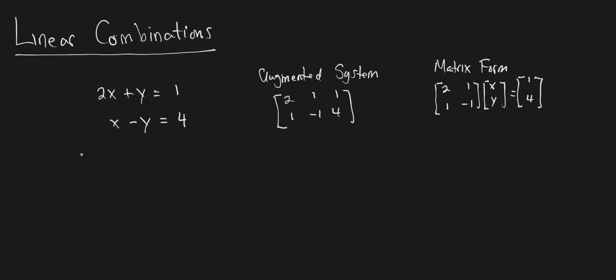So this system could be written like this, if I make sure that all my columns have the same dimension. I could put 2x and x there and call that a column. Then I put a plus sign there and add the other column, which has y and then negative y, then keep my equal sign, and then a third column that has my constants. Okay, so now we can see this is equivalent.